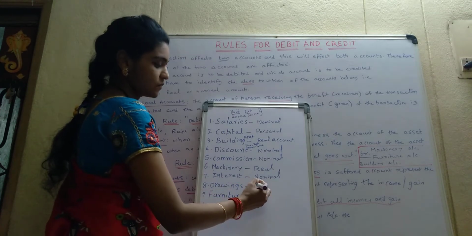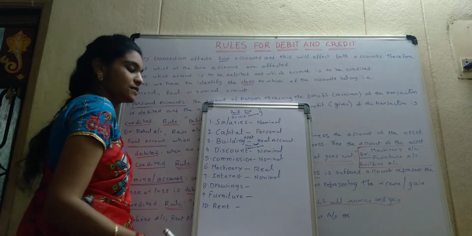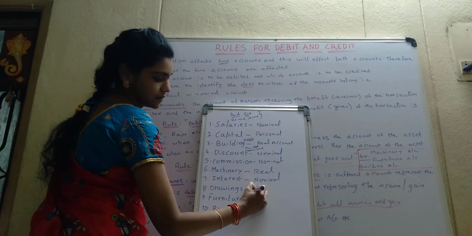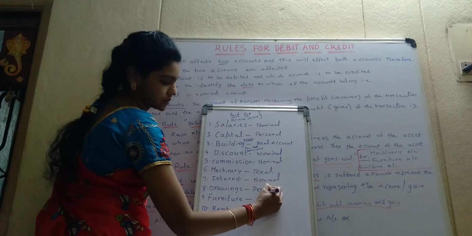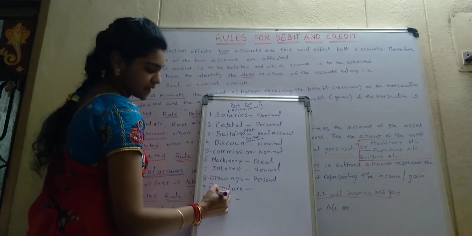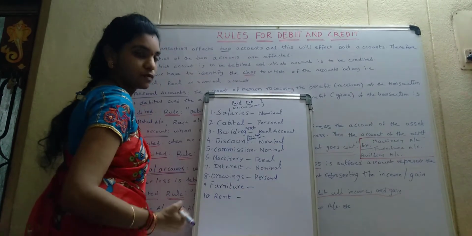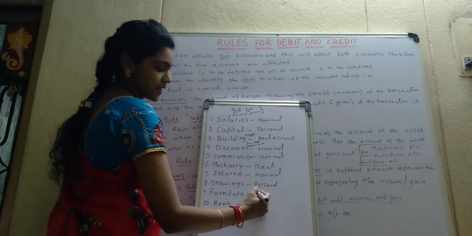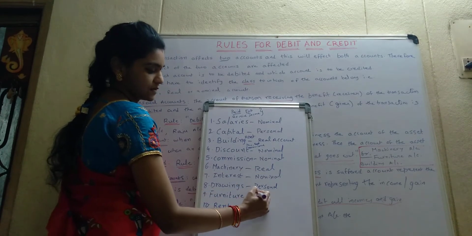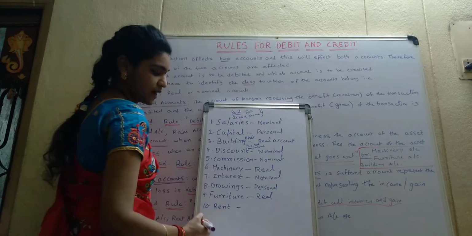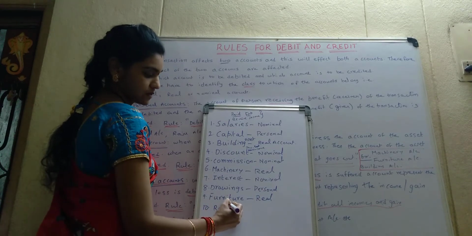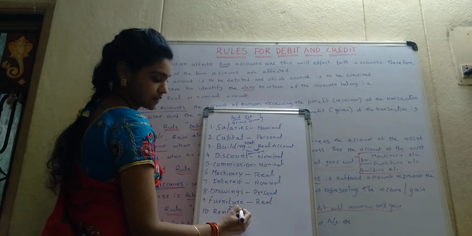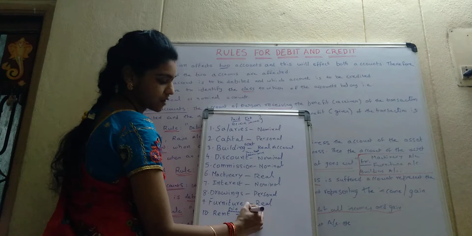Drawings means withdrawal of cash for personal use, so it comes under personal account. Furniture is again an asset, so it is a real account. And rent may be rent paid or rent received, income or expense, so nominal. Very good.